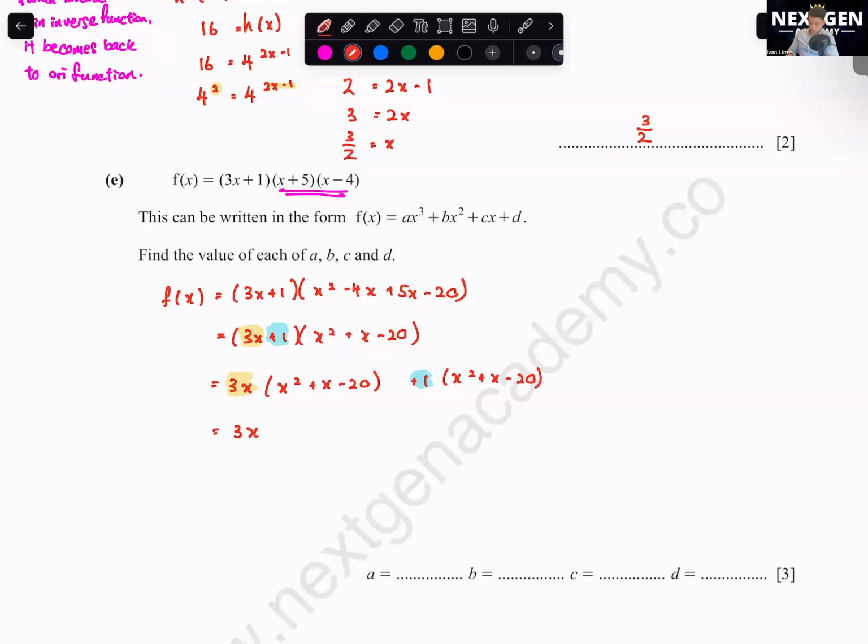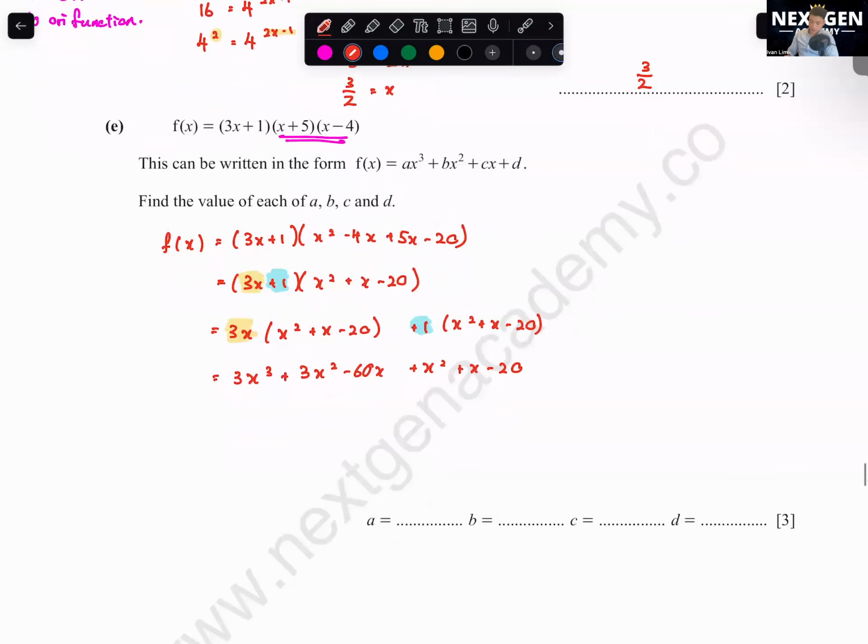So like that, you'll get 3x cubed plus 3x squared minus 60x plus x squared plus x minus 20. Okay? Simplify it, gather all the common terms together.